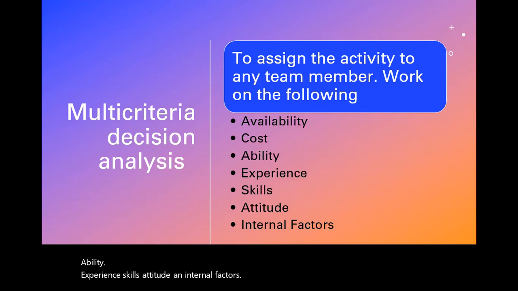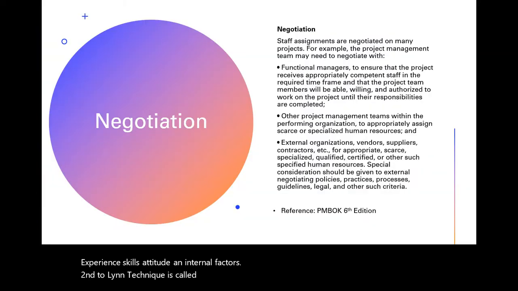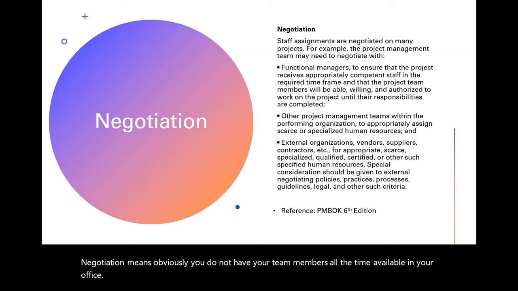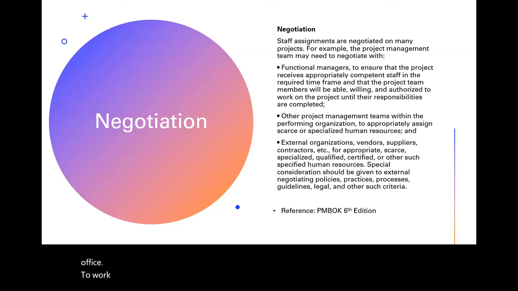The second tool and technique is called negotiation. Negotiation means obviously you do not have your team members available in your office all the time. To work on your project activities you need resources, but those resources belong to different departments.